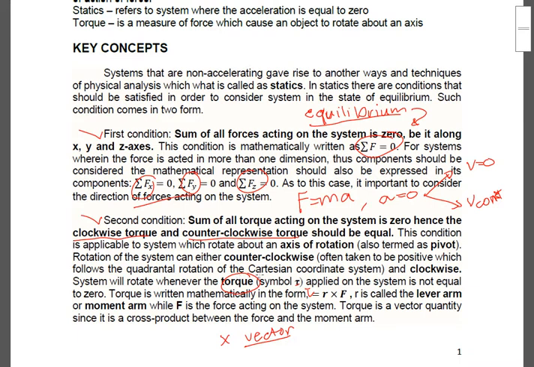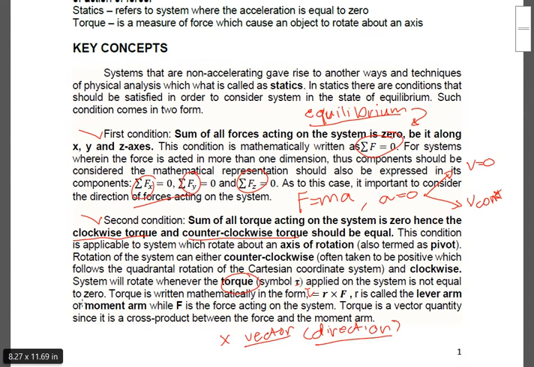That is why when we talk about vectors, we associate them with direction. What could be the direction of torque? Well, you have these two directions: clockwise and counterclockwise.